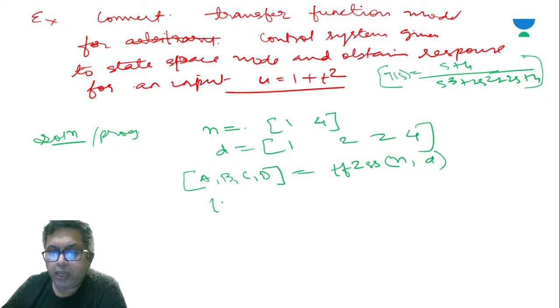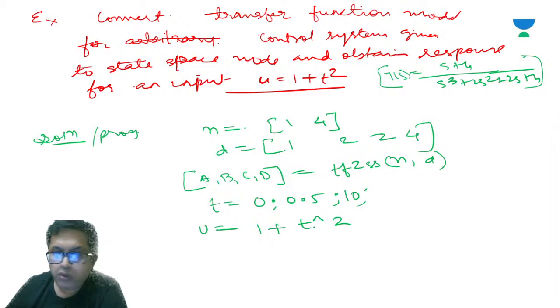Okay. T is equal to 0, 0.5, 10. U is equal to 1 plus T dot cap 2. T is array, therefore dot cap 2. Okay.